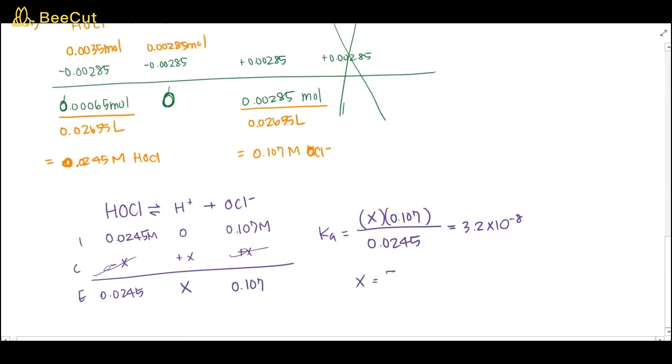And what is X? It is my concentration of H+, and if I do the calculations, I end up with 7.3 times 10 to the negative 9 molarity. Okie dokies? All right, last question.